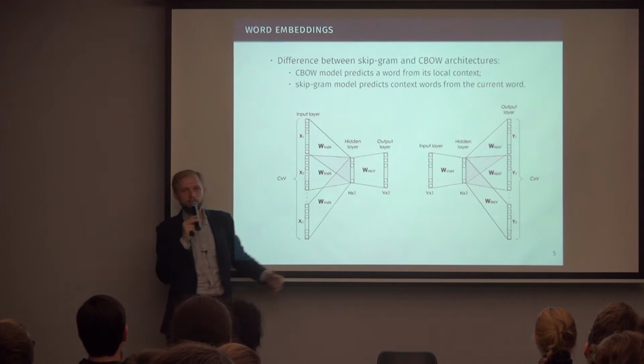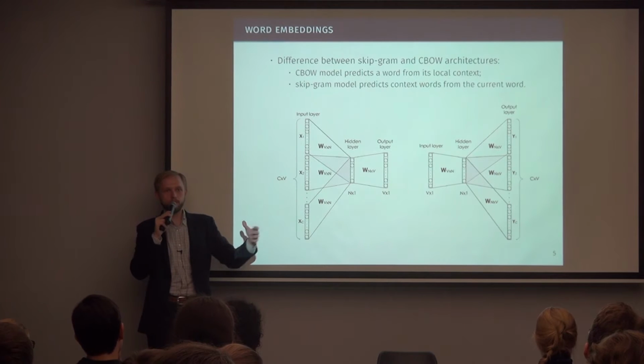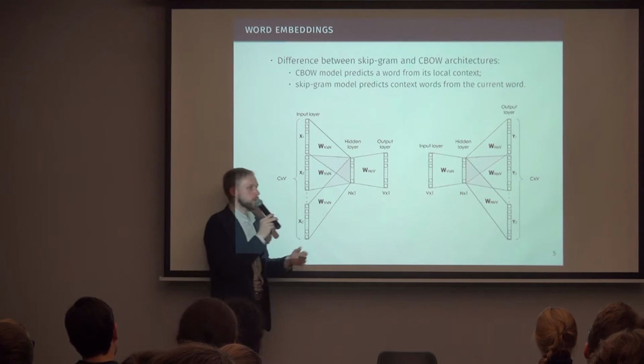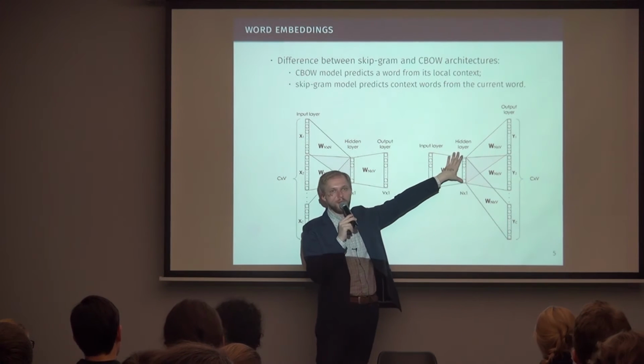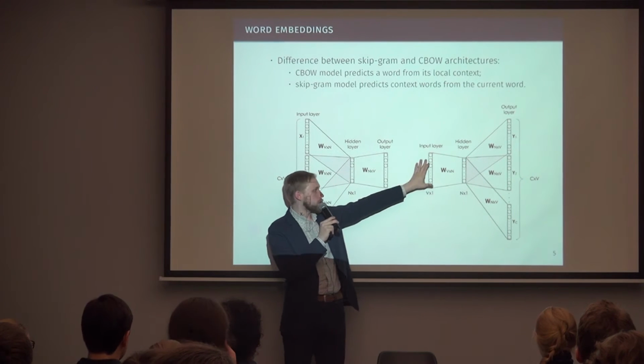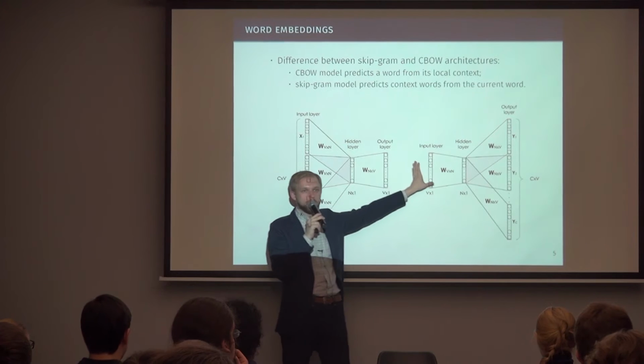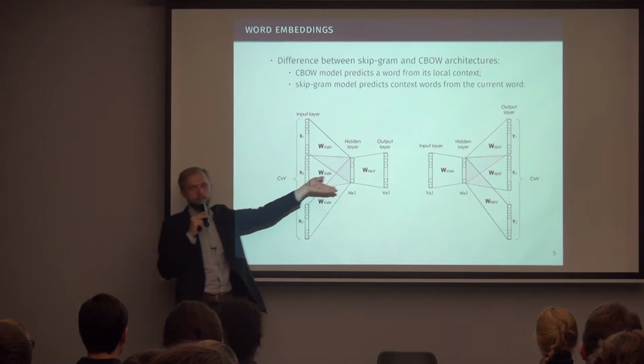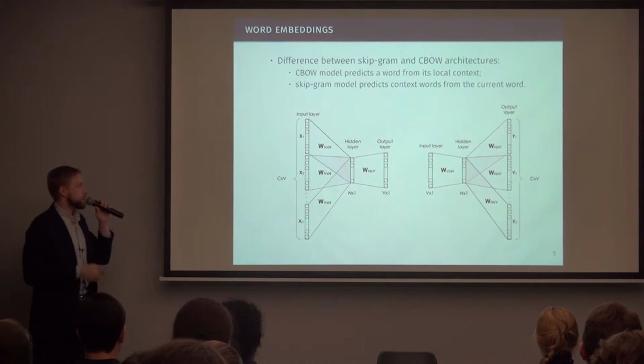So we try to predict which word goes well into this short local window. Or we can do it vice versa with the skip-gram architecture. You take the word, and from the word, you try to predict its context. So you predict the context words from the word itself. Basically, same idea.